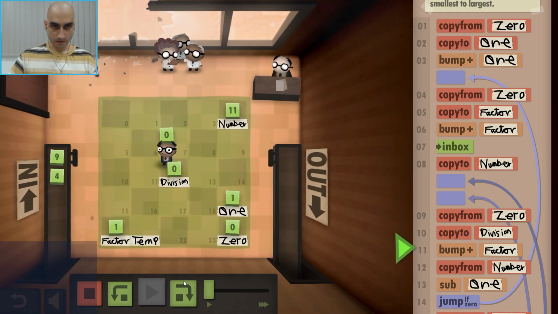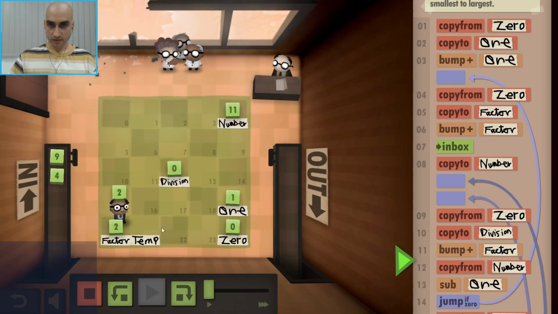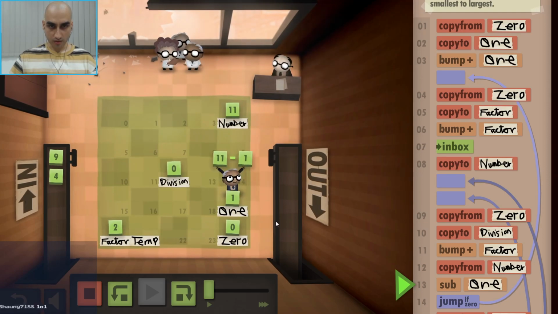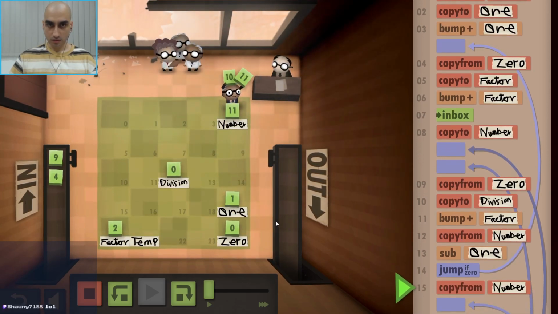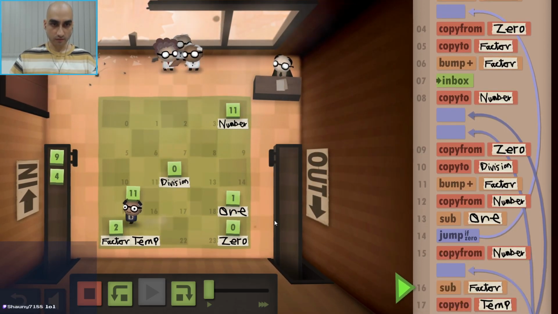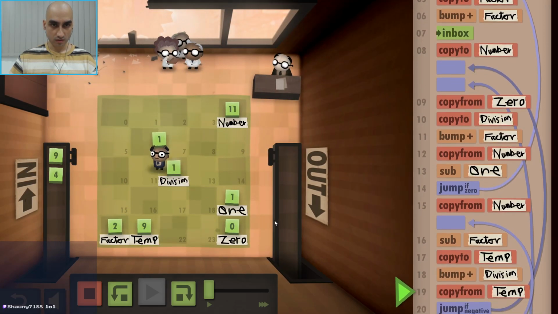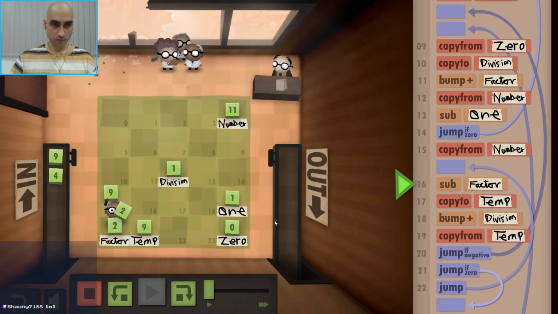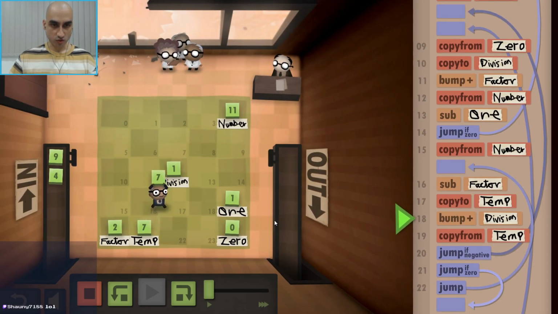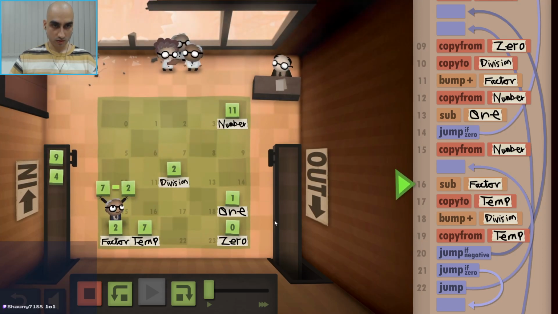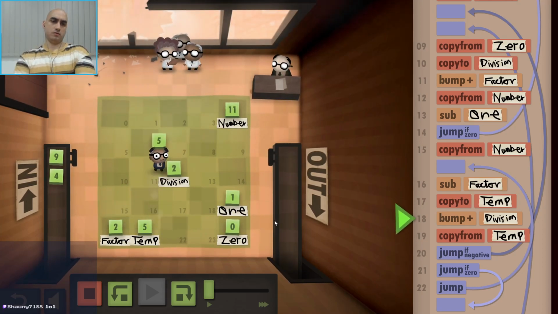Alright, so we check. If it's 1, it's not. Okay, right. So we try to subtract 2 over and over again. We've subtracted 1 2. Subtracted 2 2s. Subtracted 3 2s.